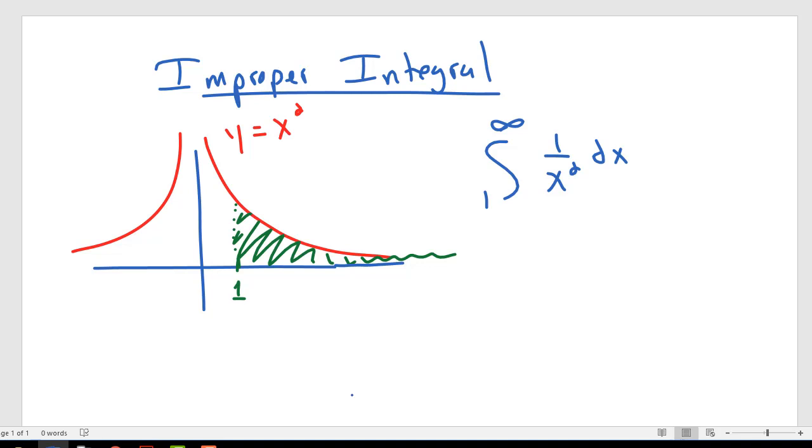But the real reason that this is improper is we have what would appear to be infinite area. And what we're going to notice by the end of this video is that sometimes that area is infinite and sometimes it is not. And we'll talk about maybe a couple conditions why that's the case, right? How could it be possible that that area is finite? Because it looks infinite.